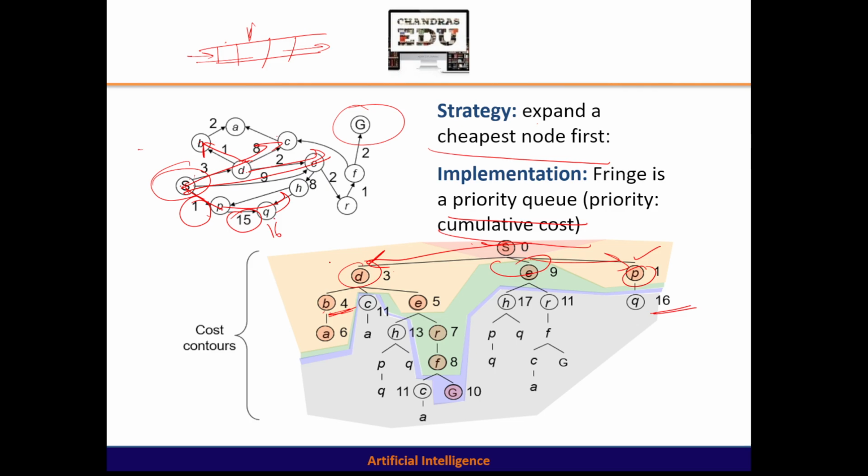So 8 plus 3 is 11. And when you take the distance from D to E, from source to D it is 3 and from D to E it is 2. So the total is 5 here. Out of these 3, 4 is the lowest. So it will take the next move from 3 to B.